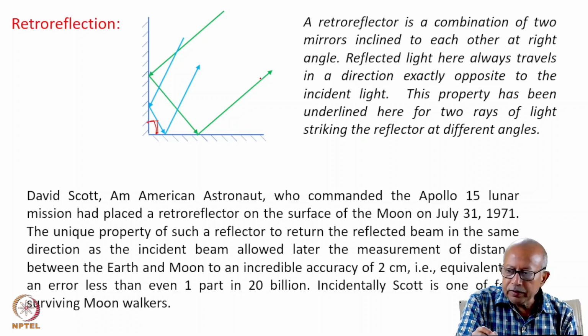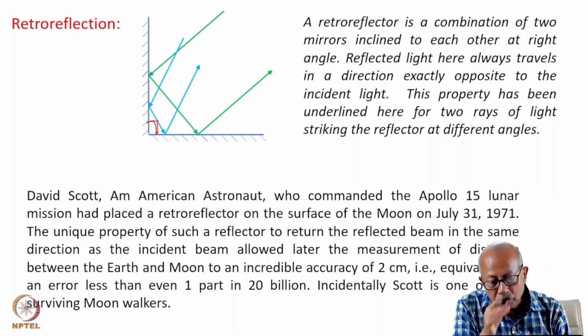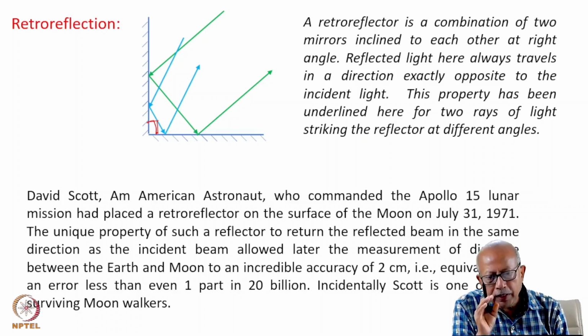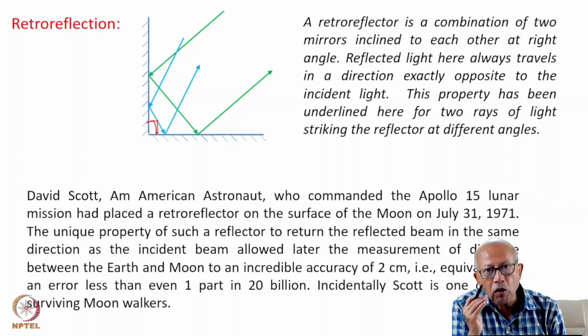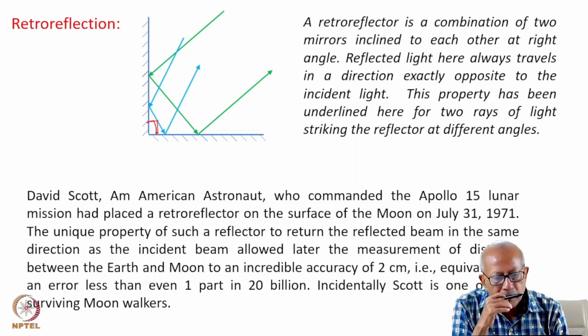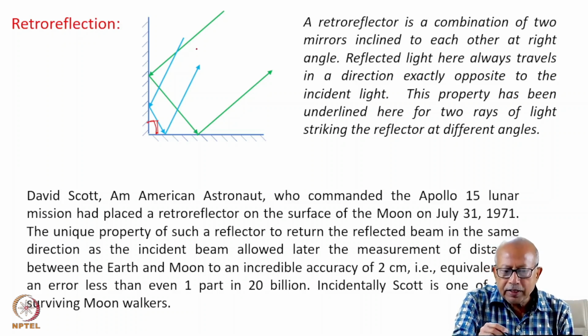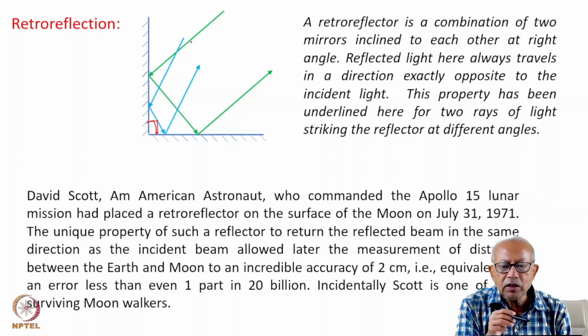Reflected light here, it is straightforward to show by using the laws of reflection and some standard geometrical rules, always travels in a direction exactly opposite to the direction of the incident light.